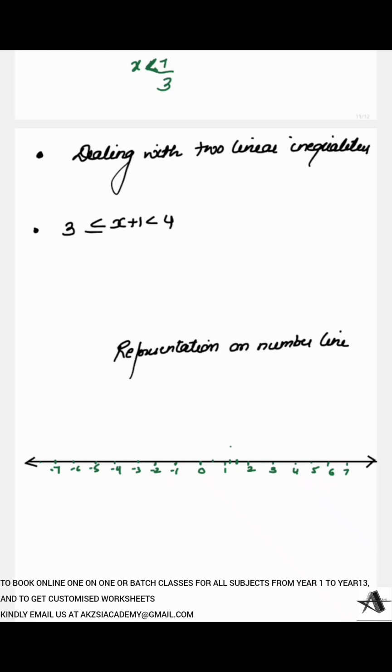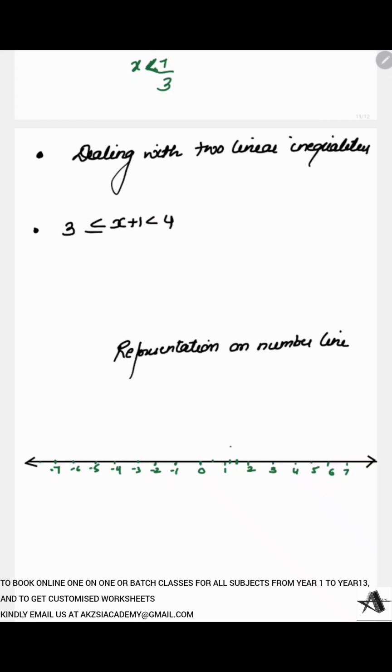Here also your main aim is to isolate x. Whatever you're doing with the middle part, the same you have to do on the left hand side and the same on the right hand side. That means if x plus 1 is here, we need to remove 1 from it.